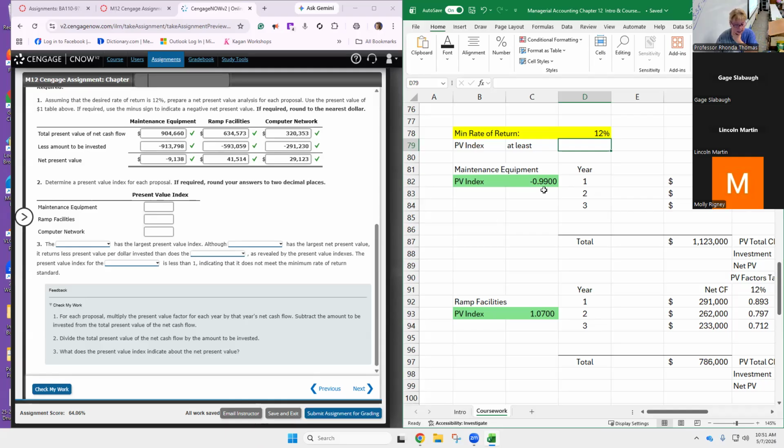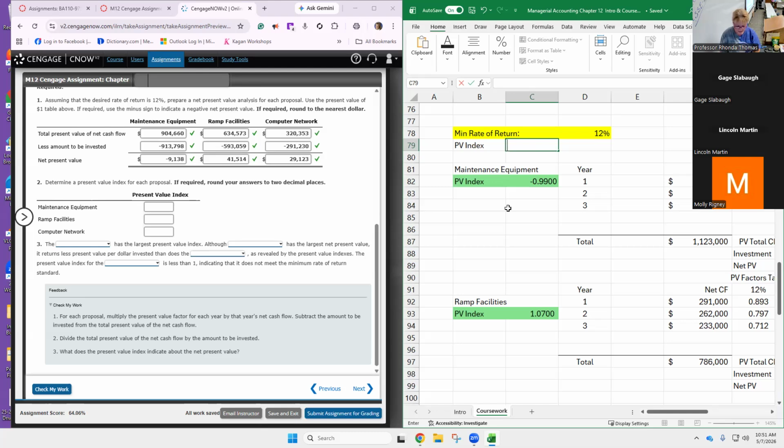So the fact that this is less than 1, that's not good, but we're going to compare these indexes with each of these three projects now. But once again, the present value index should at least be 1. Let me see if I can rephrase this.